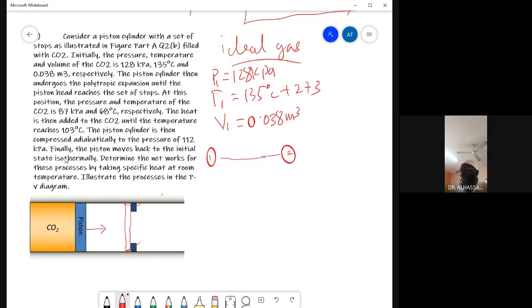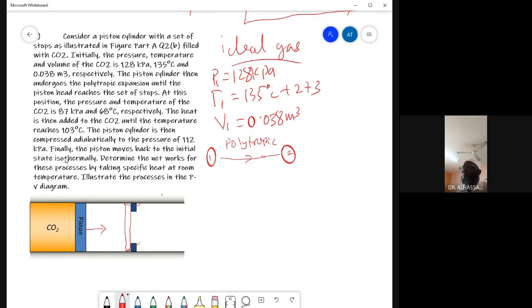So it means that between state 1 and state 2, the process is called a polytropic process.